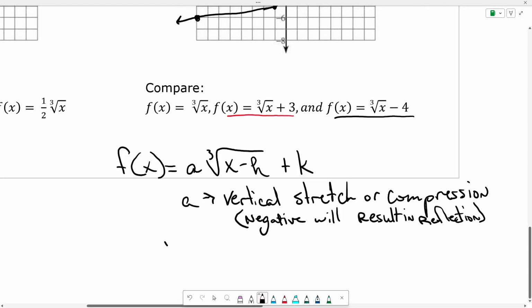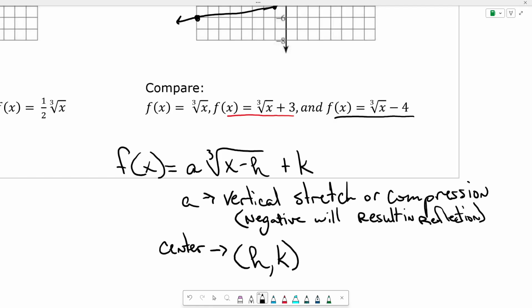And then my center will always be h and k. Notice with these, the h is going to be opposite of whatever is in here. So if we have a minus 3, that becomes a positive 3 when I locate my center.